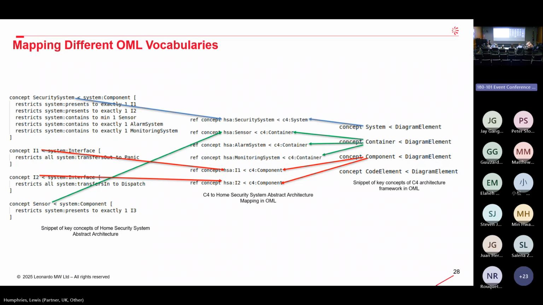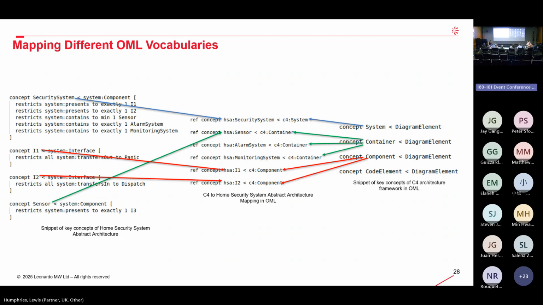On the right-hand side, there's a snippet of the various key concepts of the C4 architecture framework as an OML vocabulary. For example, the system concept, container concept, component concept, and the code element concept. These are the nodes for the diagrams of the respective levels.